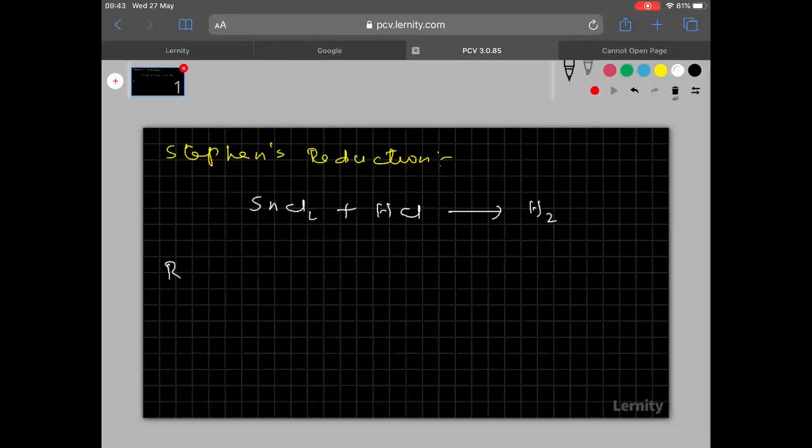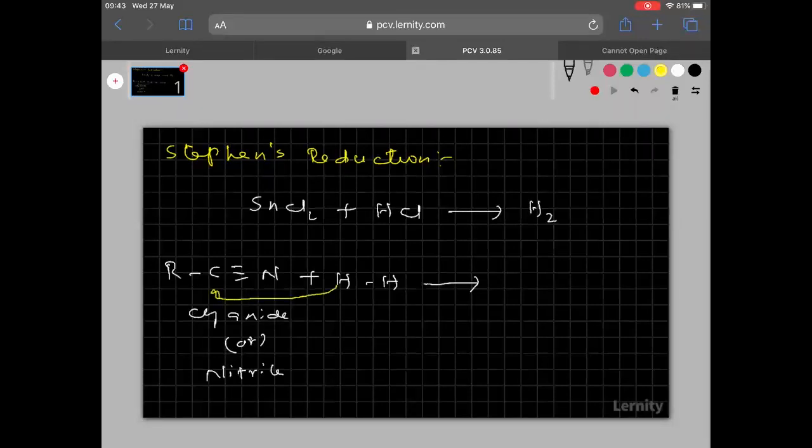Then we have to take the cyanide, RC triple bonded N. This is called cyanide, or we can also say nitrile. Both are the same. When this is treated with the hydrogen gas liberated in the first step, one hydrogen is added to the carbon, one hydrogen is added to the nitrogen, and one pi bond is broken.